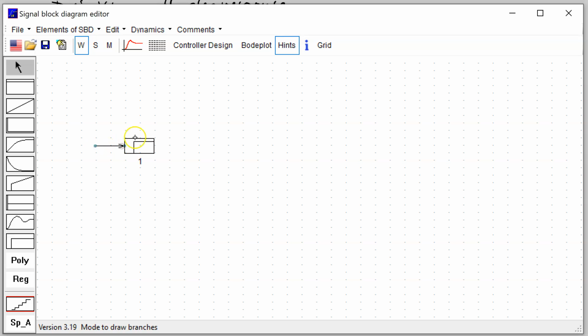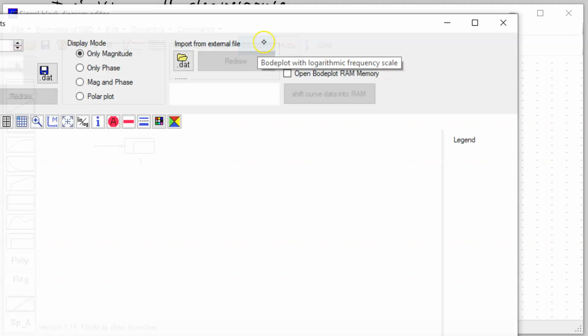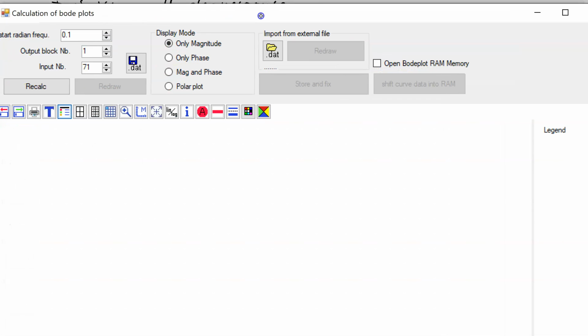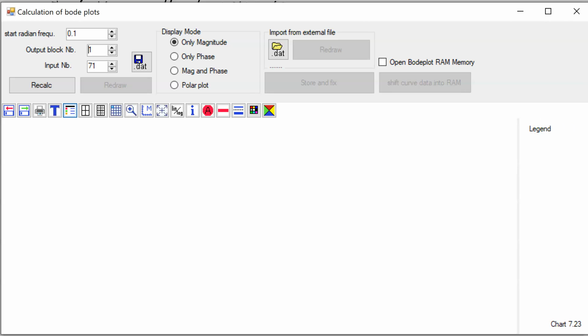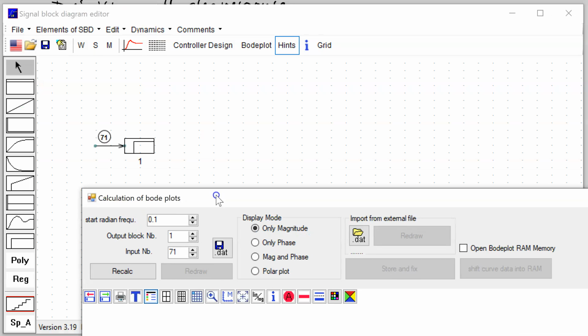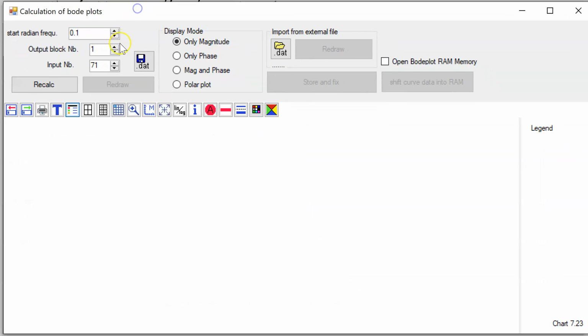To draw a Bode plot, you need at least one branch to define what is input and what is output. If you now click on the Bode plot function point, then you can see the following curve. The input is, of course, the open input. Output, we have only one block, no problem.